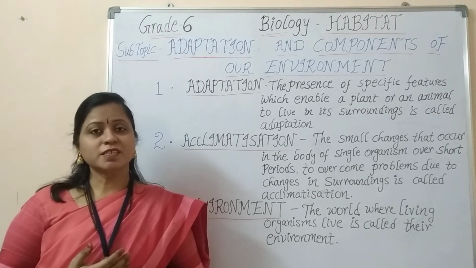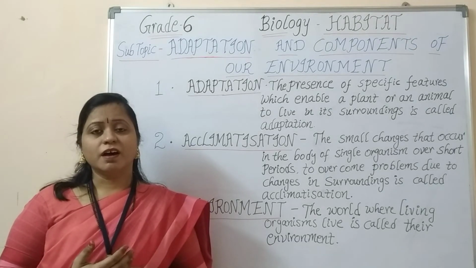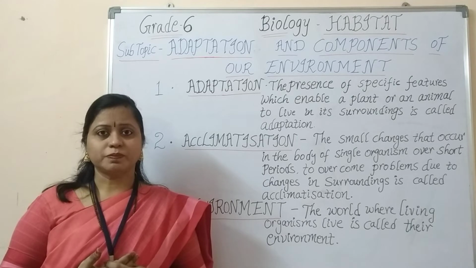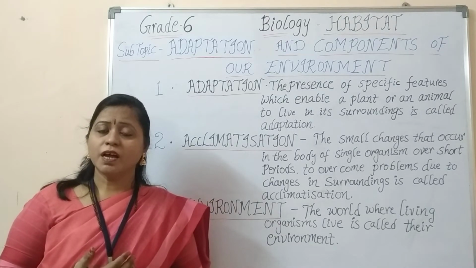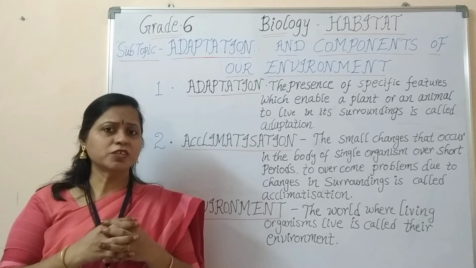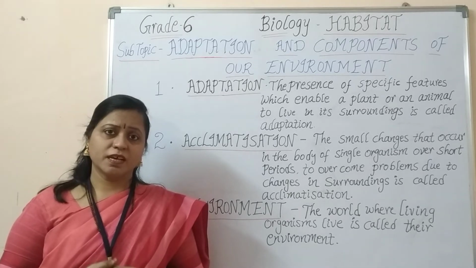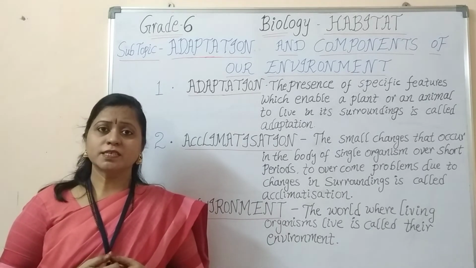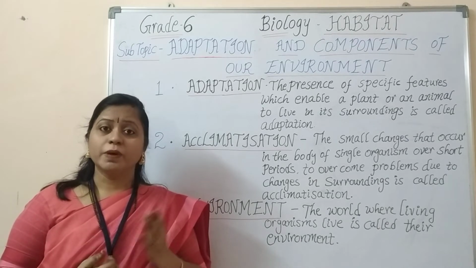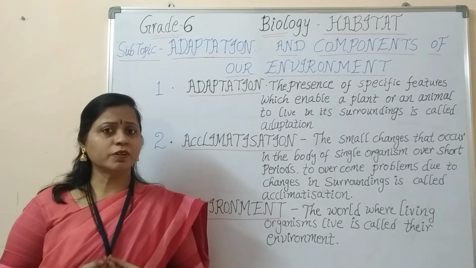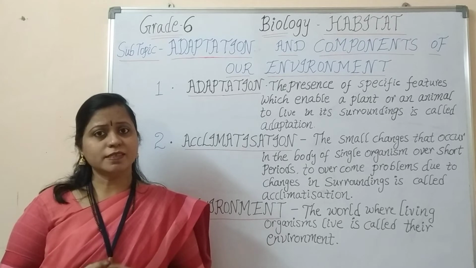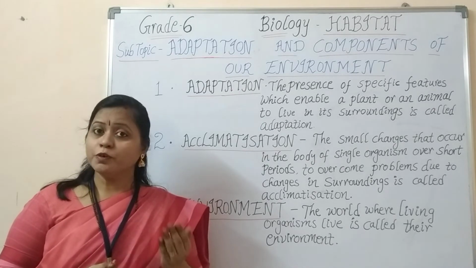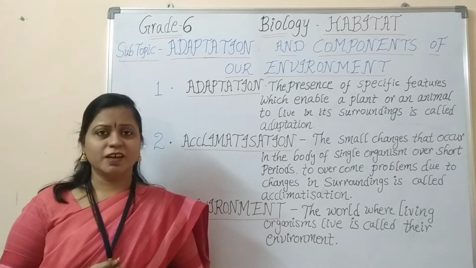So students, adaptation occurs over thousands of years of time. Adaptation depends on a combination of characteristics like shape, structure, size, color, behavior and mode of life of the organism. Adaptations occur due to useful variations.